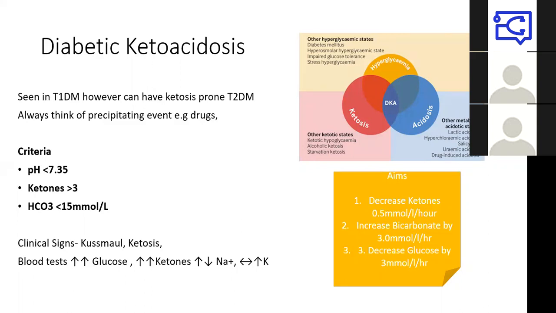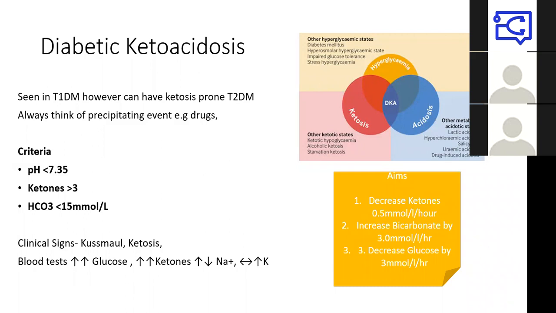As I said, you would expect to see increased ketones, and this is quite simple. The reason for the ketosis is because there is not enough insulin, because you have an absolute deficiency, you can't use sugars, so you're increasing your fatty acid metabolism through beta oxidation, which as a waste product through the mitochondria produces the 3 different types of ketones that we pick up.